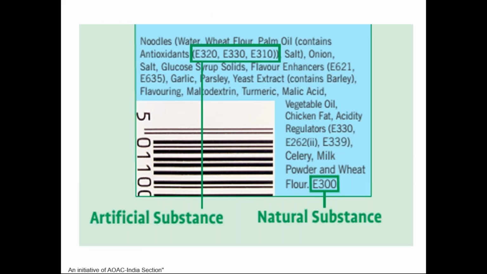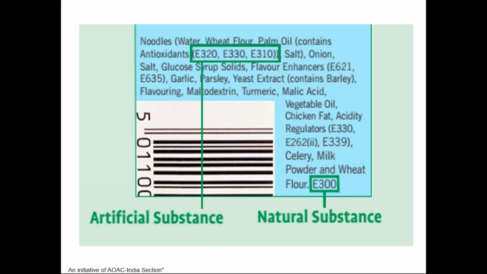So here we have a noodles packet. You see here it says it contains antioxidants. So the numbers are given. The E number is in the EU and it is the same as the INS number. So here these are artificial substances, and if you see, this E300 is a natural substance.